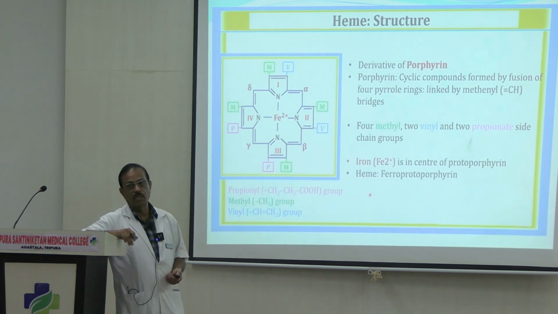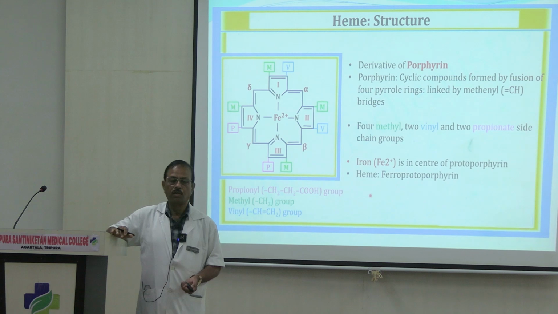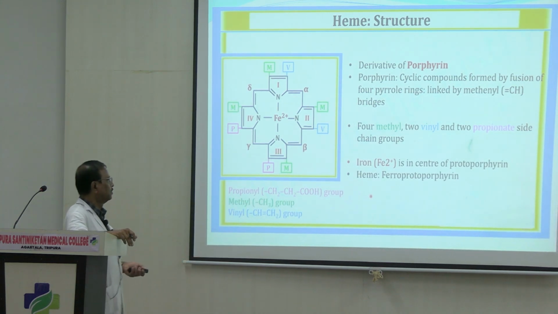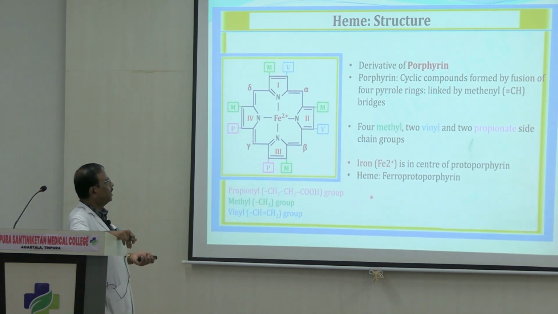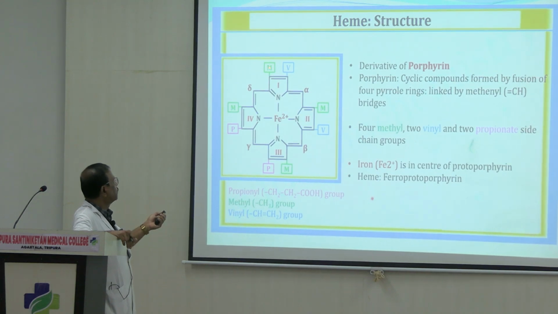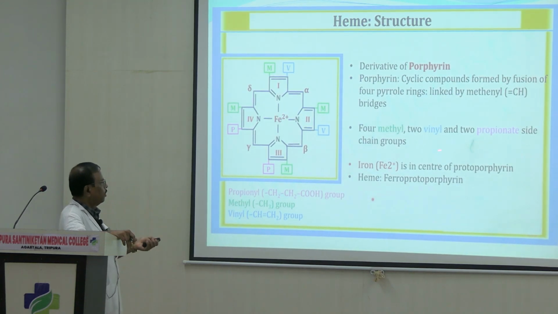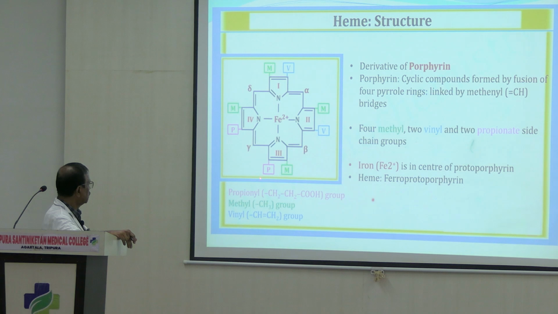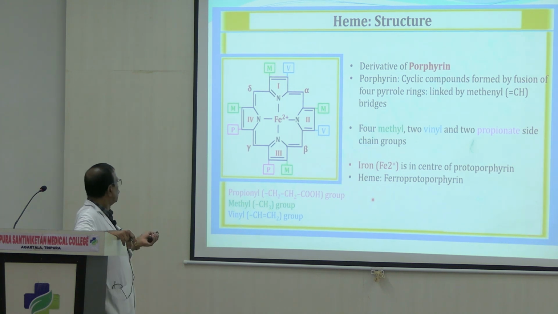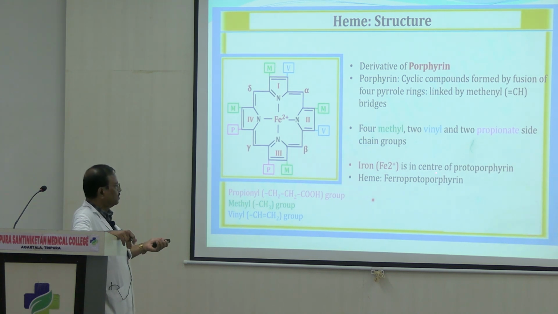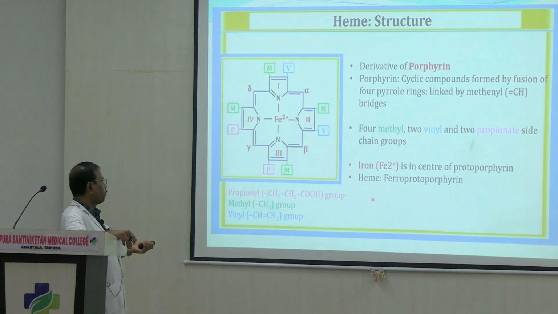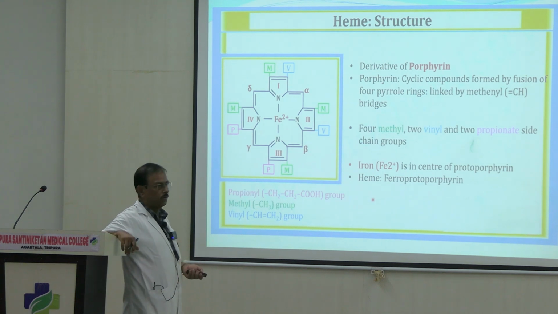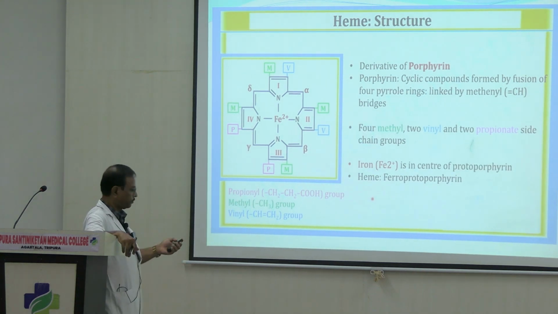Don't confuse methyl and methynyl. There are 4 methyl groups, 2 vinyl and 2 propionate side chain substituents. Iron is in the center of protoporphyrin, so heme can be called ferroprotoporphyrin.